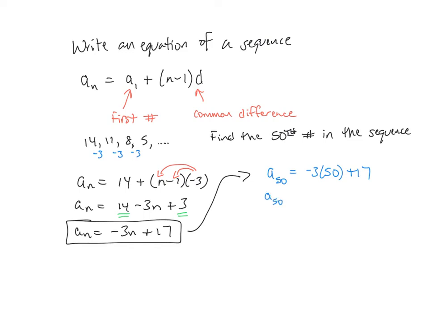We multiply negative 3 times 50, which is negative 150, and negative 150 plus 17 is negative 133. So the 50th number in the sequence is negative 133.